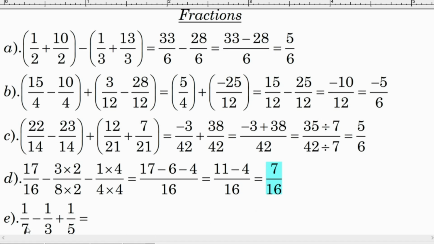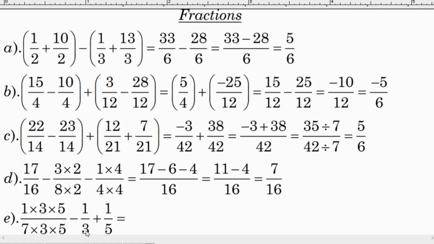We have to find the same denominator. So now we have 7, so then we have to multiply with 3 and 5. So here we have to multiply with 3 and multiply with 5. And then we also have to multiply the numerator here with 3 and with 5.